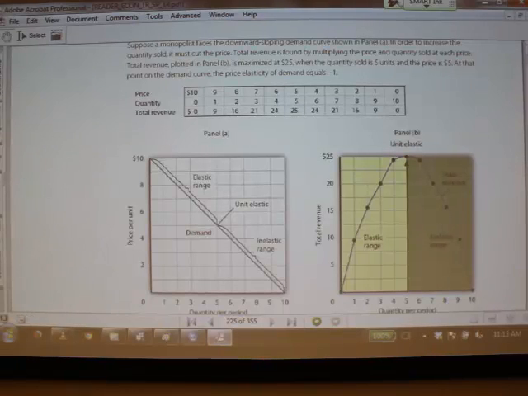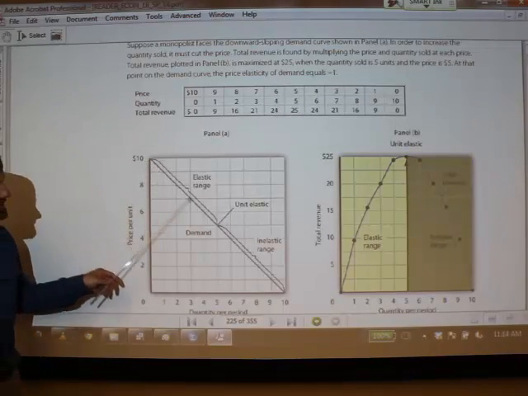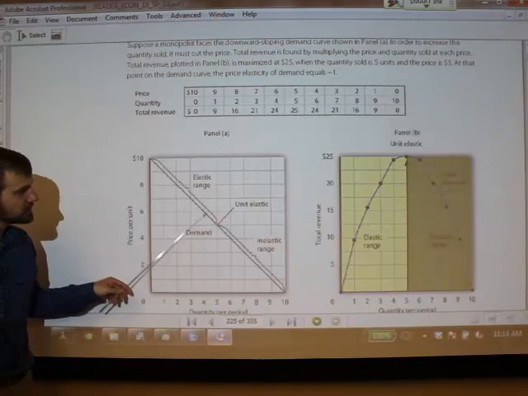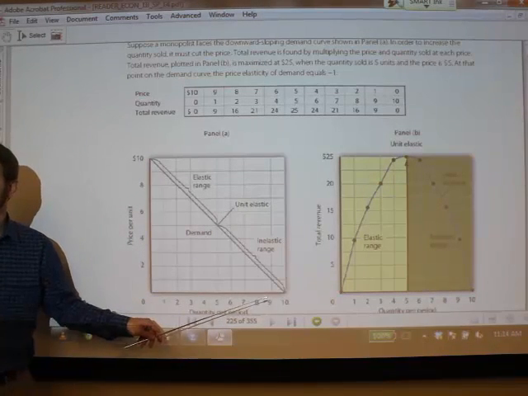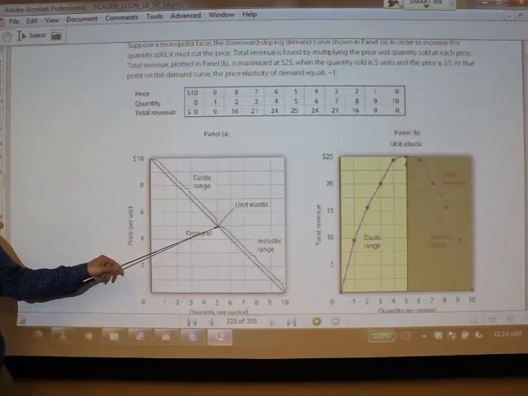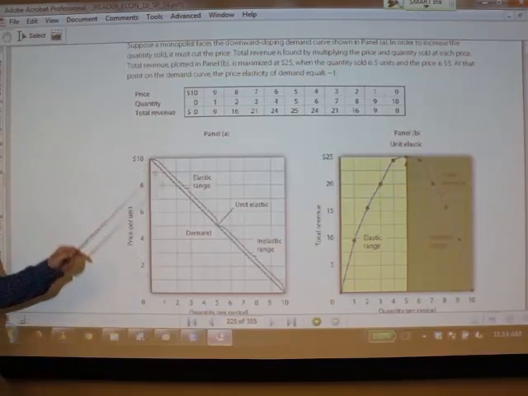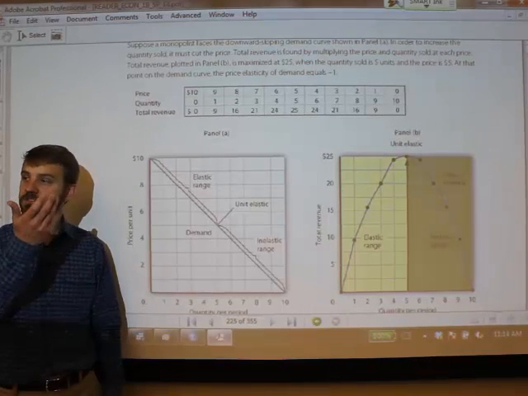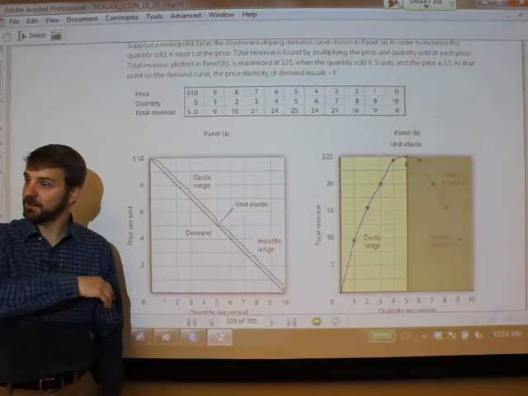Recall that the price elasticity of demand differs along a linear demand curve. It's unit elastic, meaning price elasticity of demand equals 1, at this precise point. But to the left of it, it's elastic. A 1% increase in price causes quantity demanded to fall by a lot.